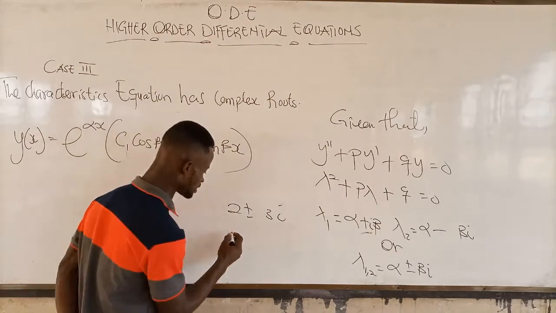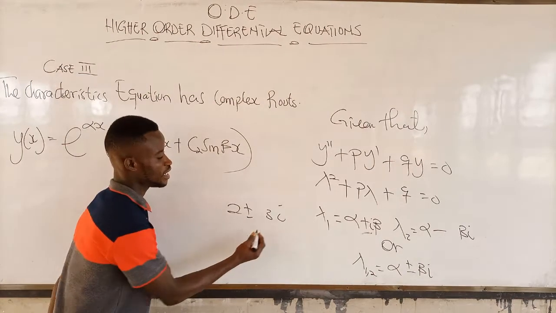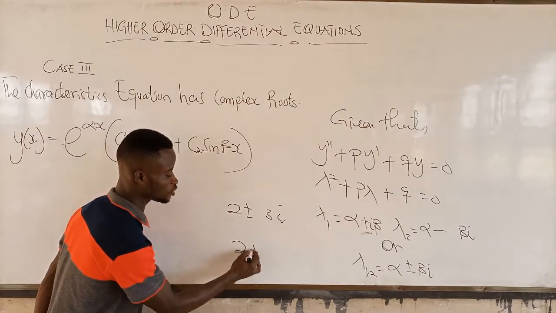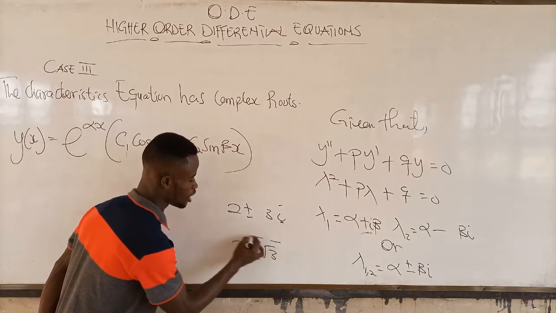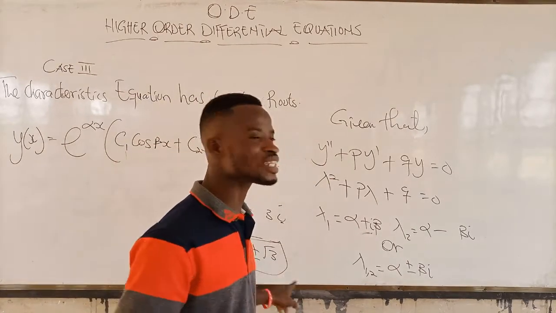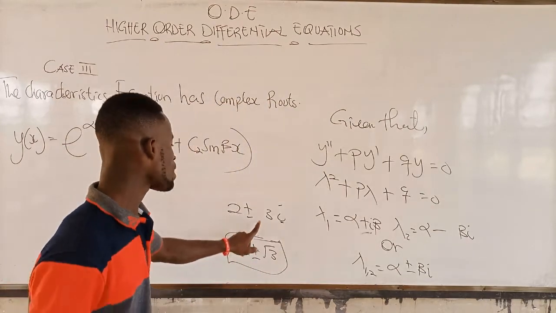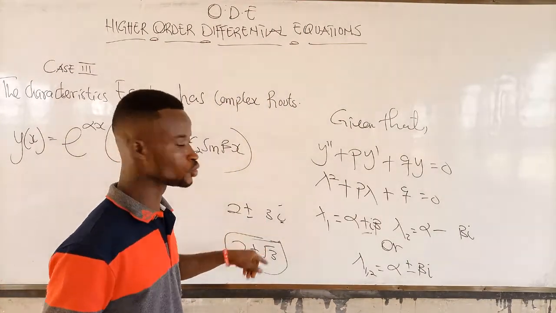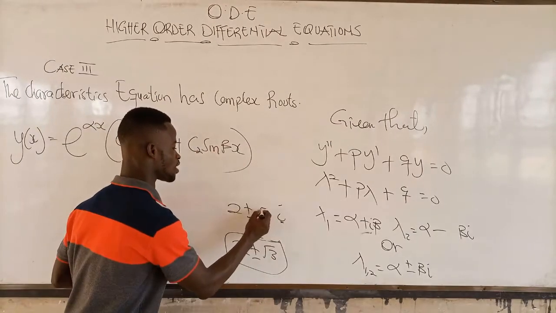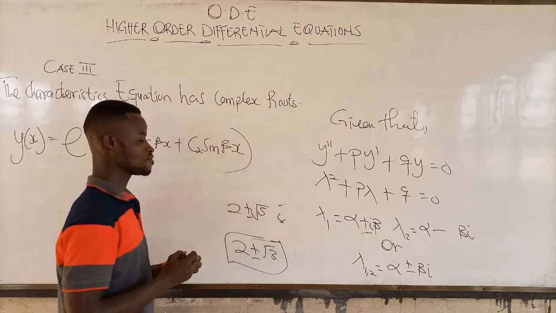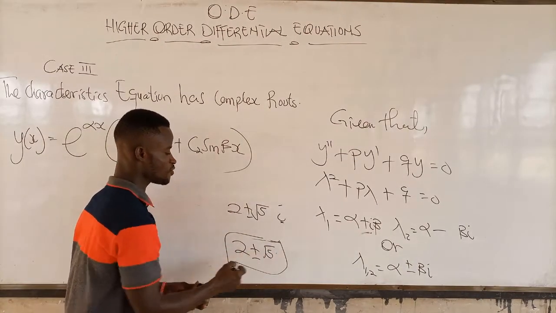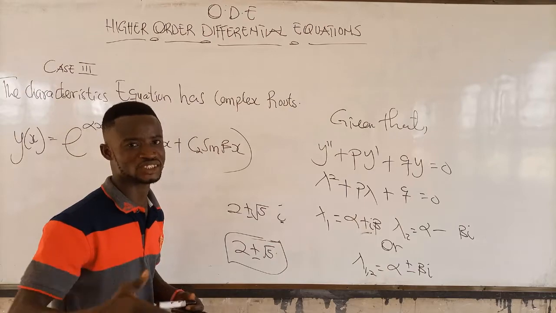It is the i which makes it a complex root, not getting 2 plus or minus square root of 3. When you get 2 plus or minus square root of 3, this is not a complex root. Even if we get square root of 5, it doesn't make it a complex root.